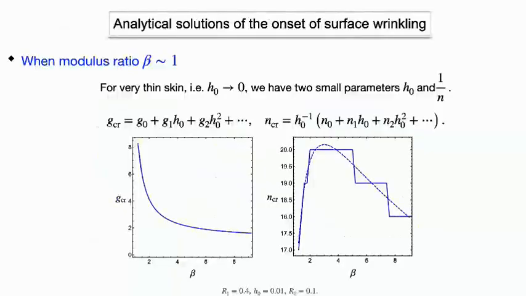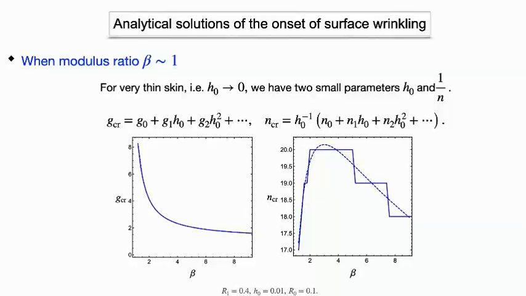And from this, we consider two different cases. First is that the modulus ratio is not large. It's of order 1. In this case, we have two small parameters, H0 and 1 by n, the wave number. And we just seek a solution in this form. Unfortunately, G0, H0 and N0 have no explicit formulas, but we can solve it using some mathematical software like Maple.